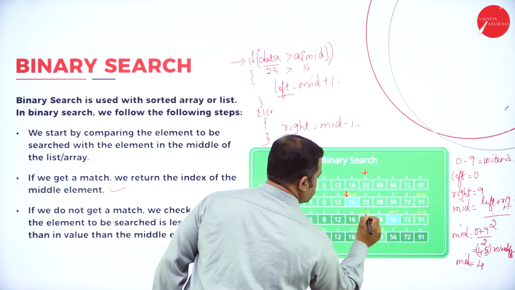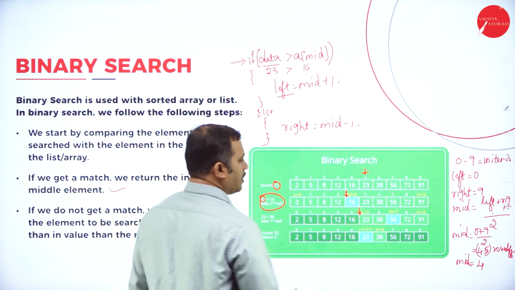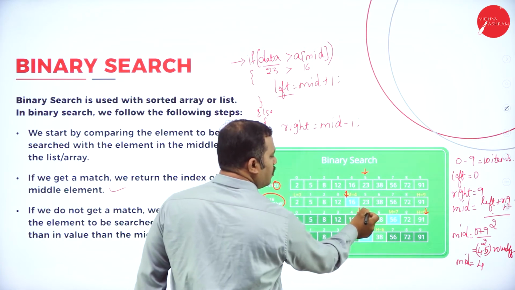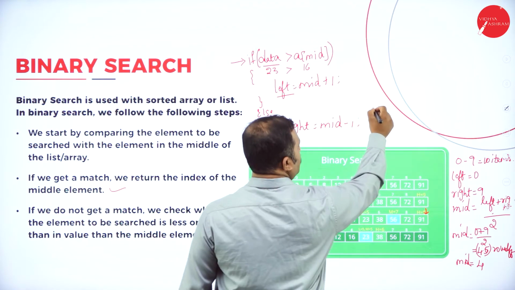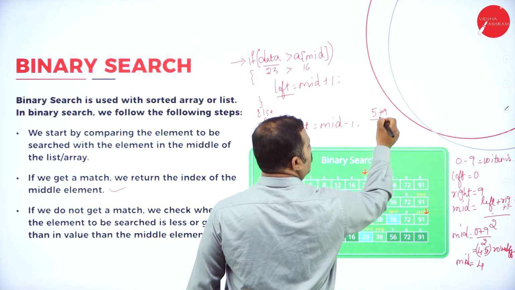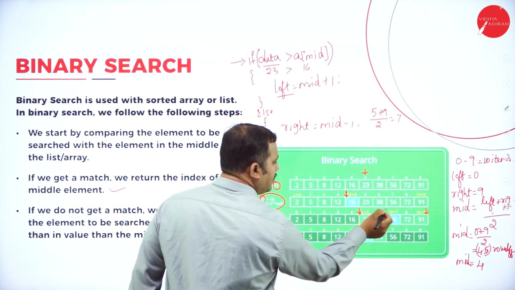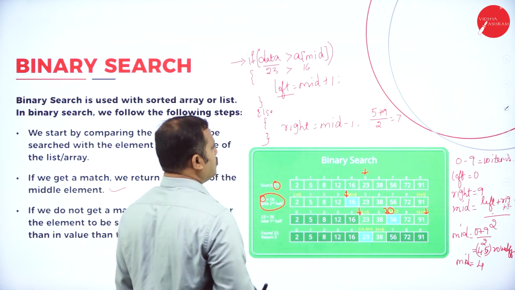Where is the right? Right is present in the same location. Left is equal to 5 now. 5 plus 9 is what? 14. 14 by 2 is 7. You will get 7. M is equal to 7. This is my mid element now.